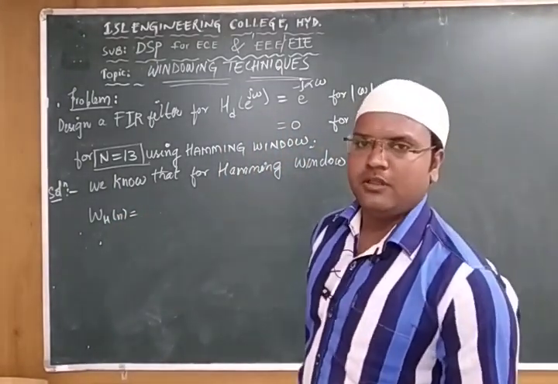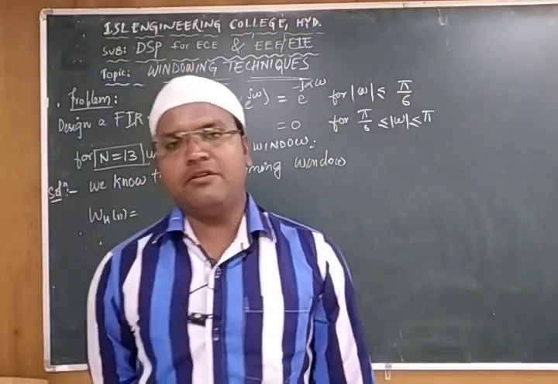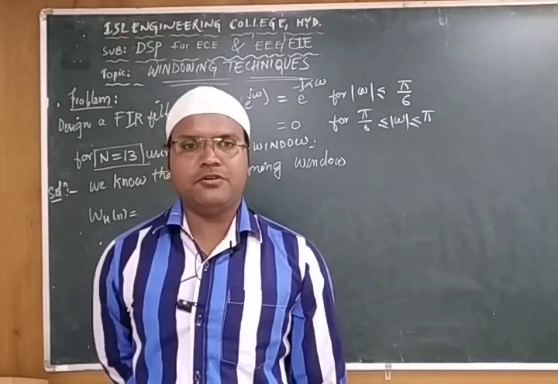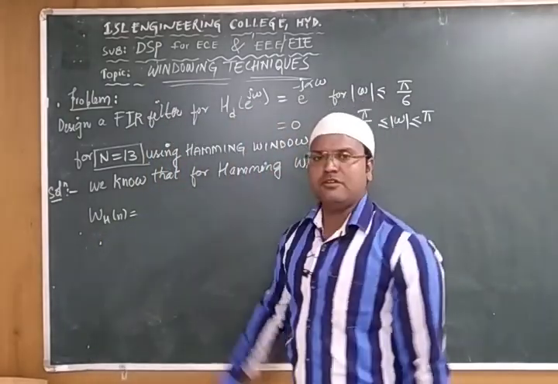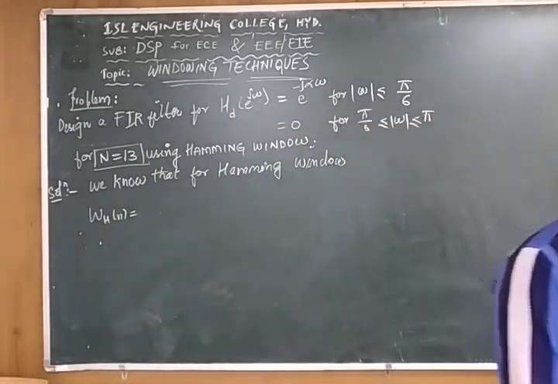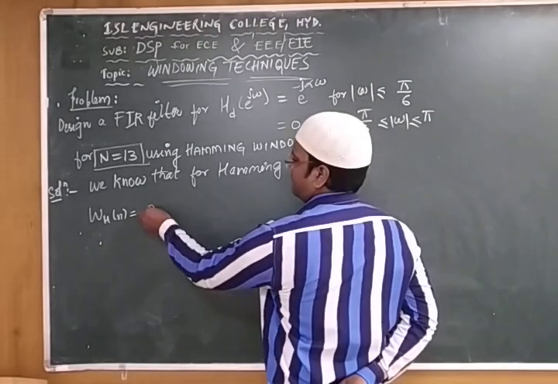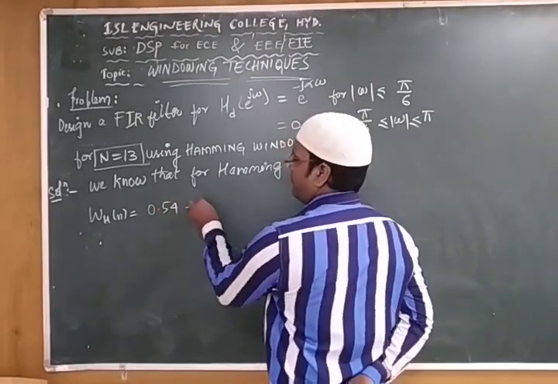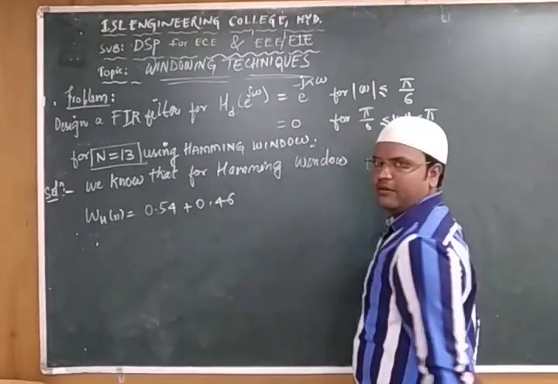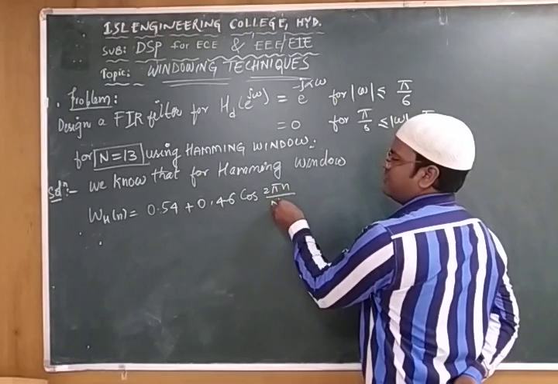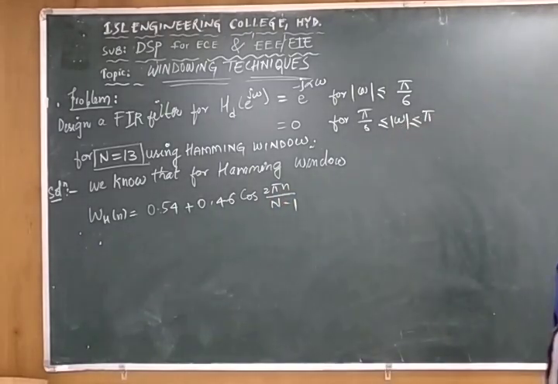Rectangular window, then Bartlett window, triangular window, Hamming and Hanning window, then we proceed with the Kaiser window. So by using the Hamming window we have the coefficients. For solving the coefficients, what will we write? We will write W h of n is equal to 0.54 plus 0.46, if you add both of them you get 1, cos 2 pi n by N minus 1, where N is the number of samples. So this is the value we will write.